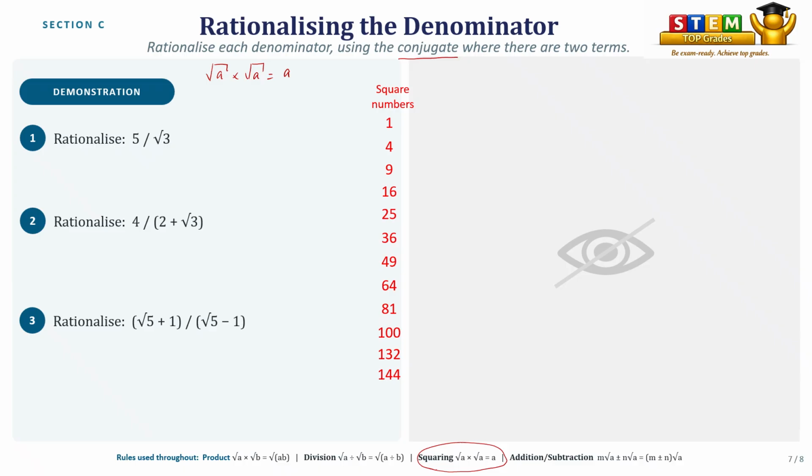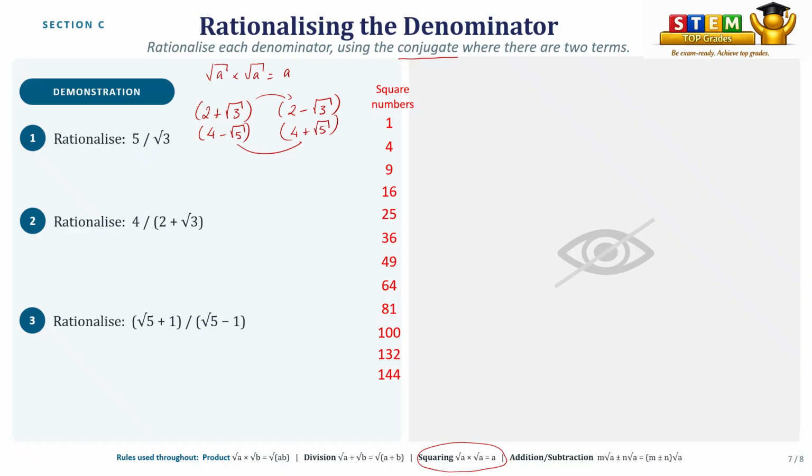Conjugate. So if I have 2 plus root 3, its conjugate is just going to be 2 minus root 3. Or if you have 4 minus root 5, the conjugate of that is going to be 4 plus root 5.